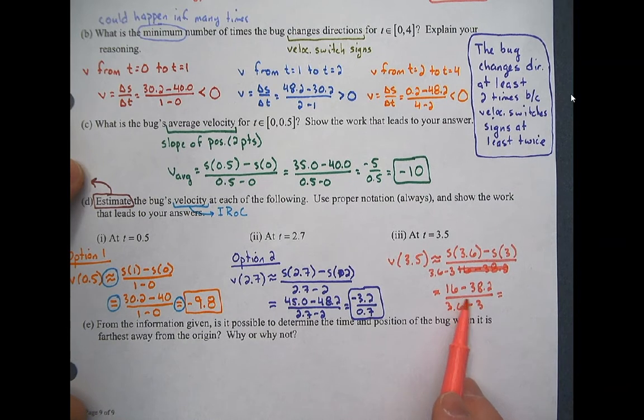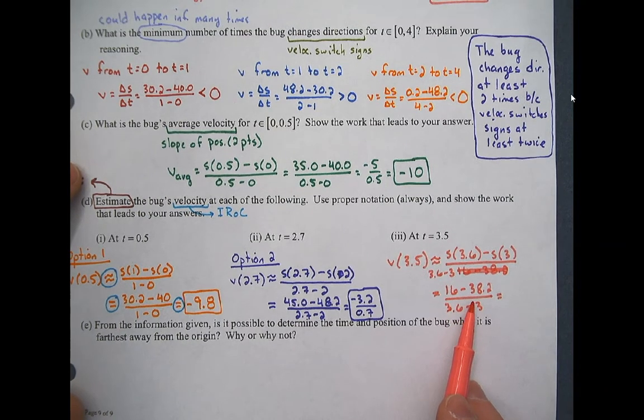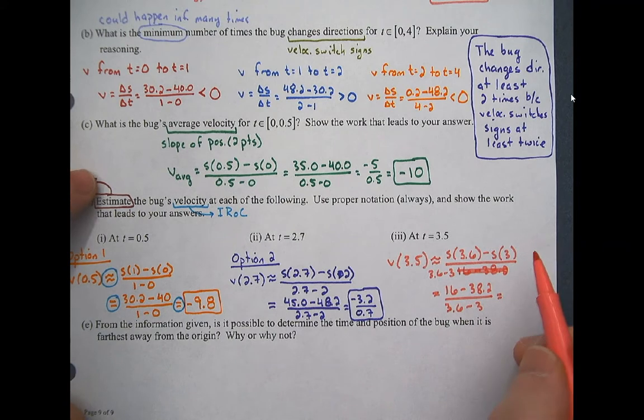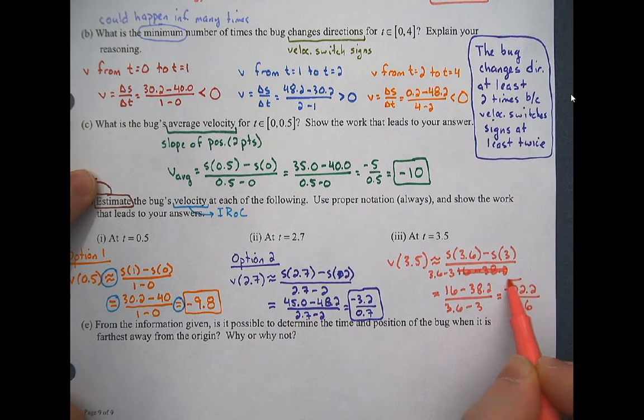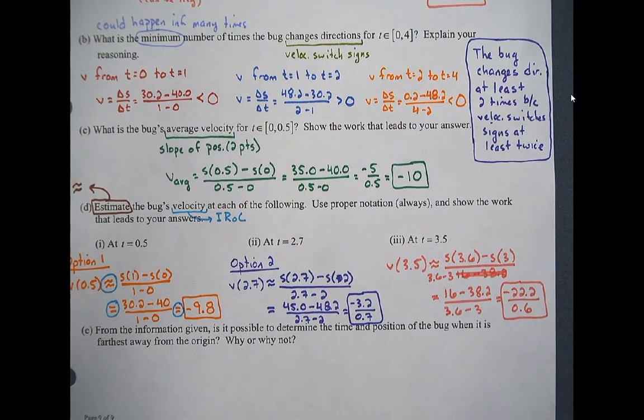Which equals 16 plus another 6.2, so negative 22.2 over 0.6. I'm going to double check that with my calculator, which is probably cheating. Yeah, negative 22.2.